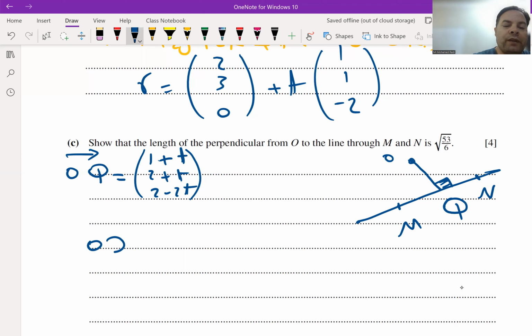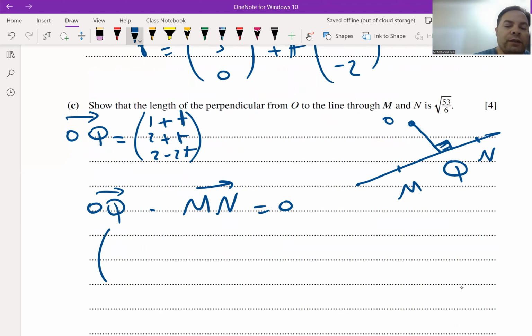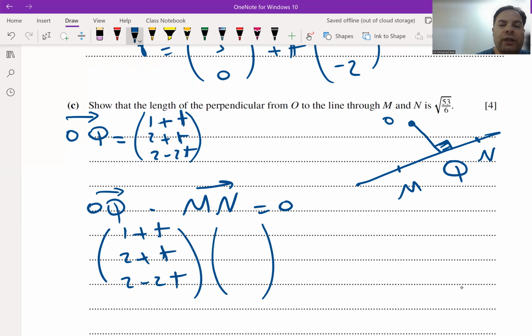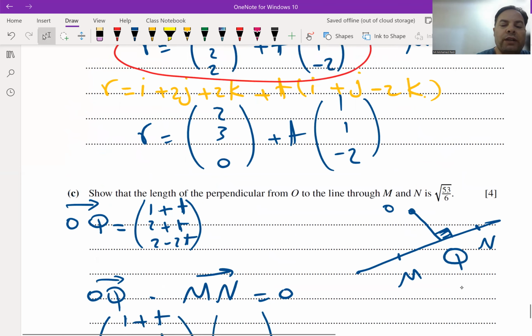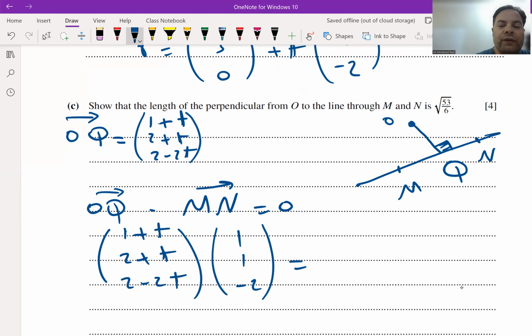OQ is perpendicular to MN, so the dot product of these two vectors is equal to 0. OQ is 1 plus t, 2 plus t, 2 minus 2t, dot MN, which is 1, 1, minus 2, is equal to 0.